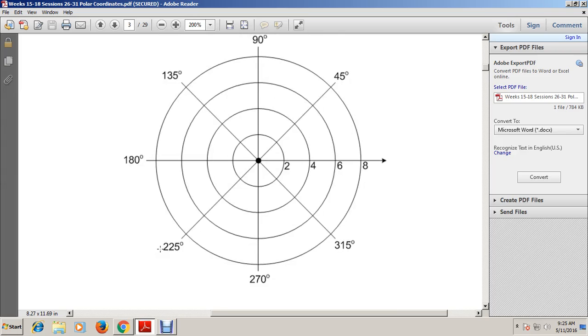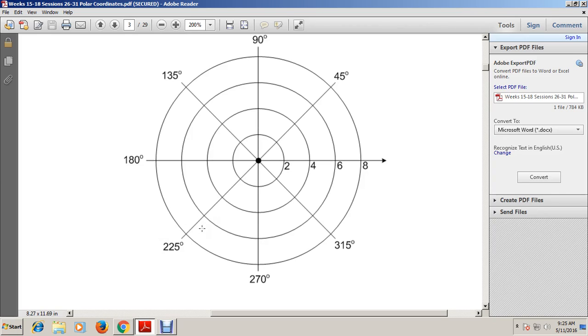Therefore, if you are going to find cosine 225 and sine 225, the corresponding values are also square root of 2 over 2, but we will be giving them signs depending on which quadrant the angle is located.